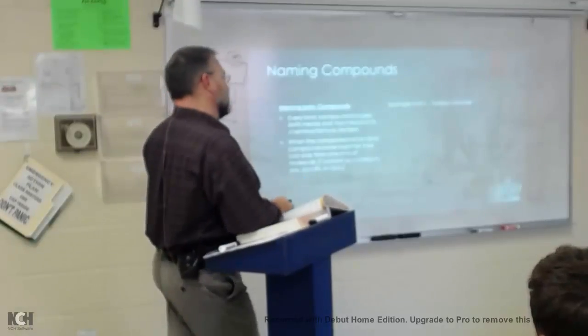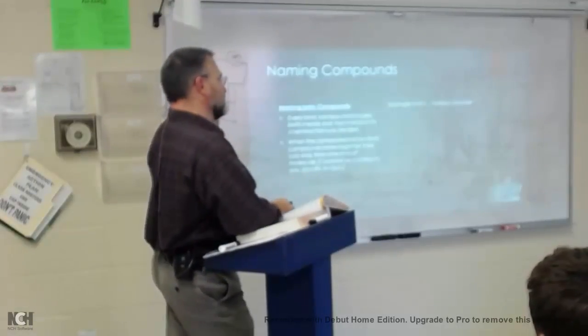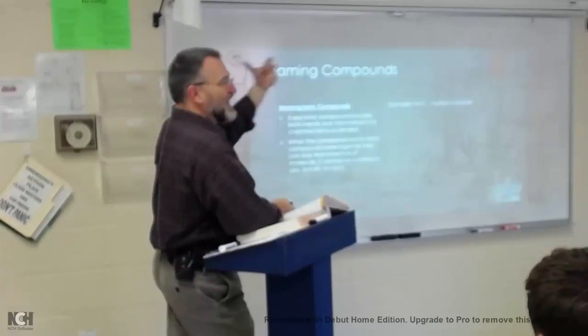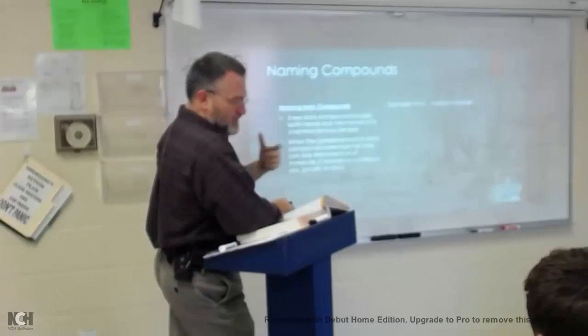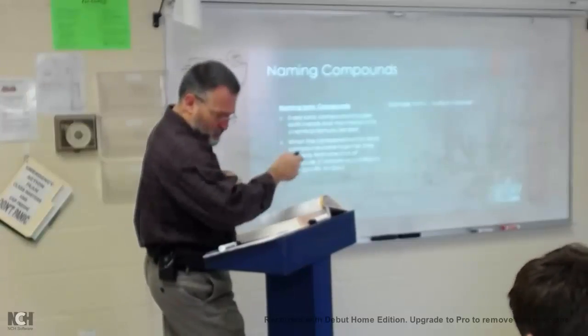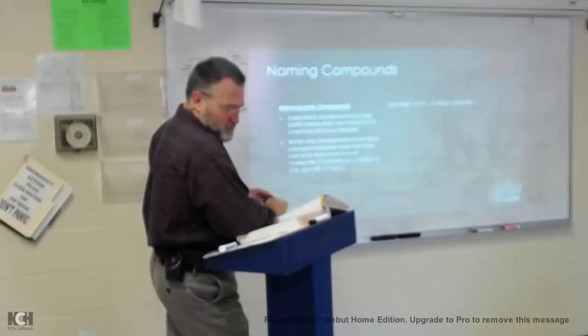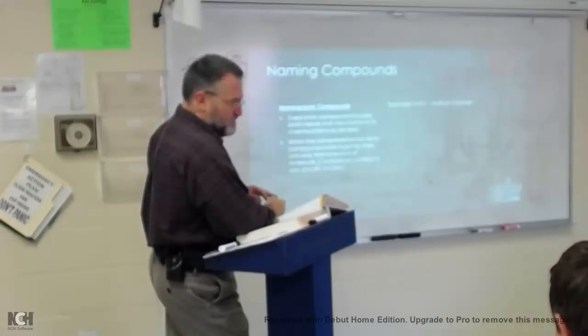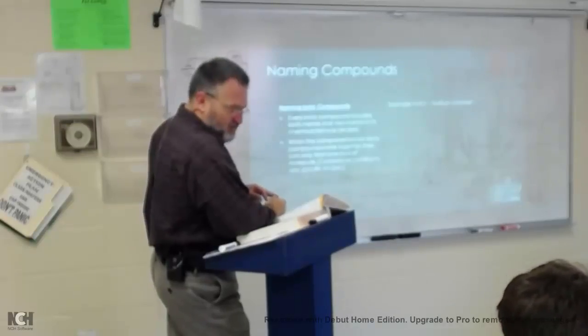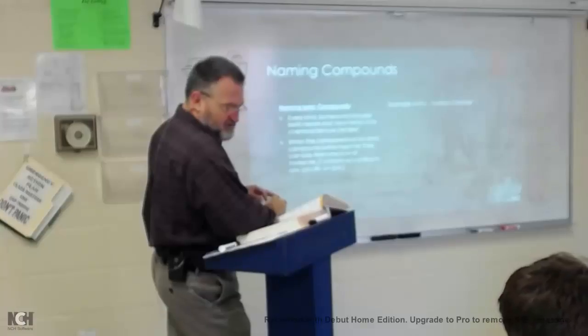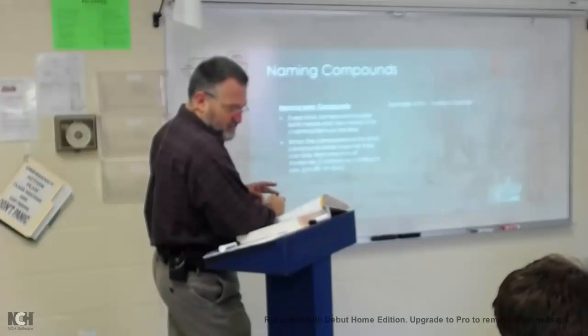So we take the metal, keep it. The nonmetal, we "-ide" it. Sodium chloride. If you look in your book on table 2.1 on page 67, it gives you the common "-ide" endings for nonmetals: hydride, carbide, nitride, oxide, fluoride, phosphide, sulfide, chloride, bromide, and iodide.